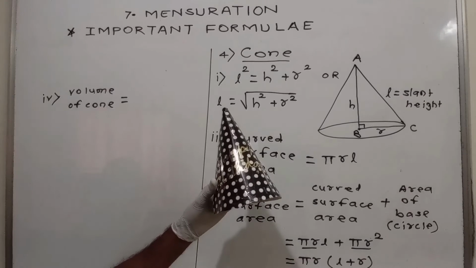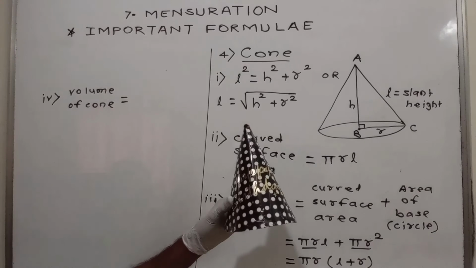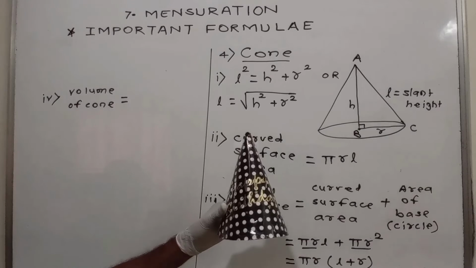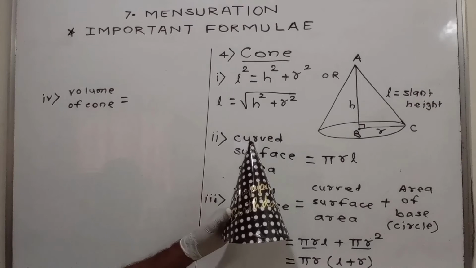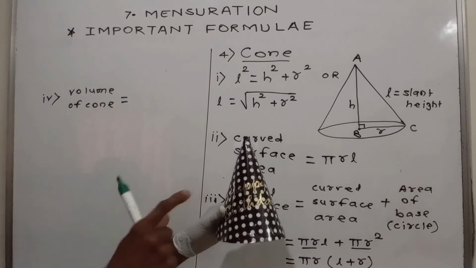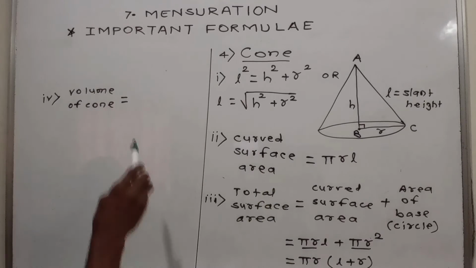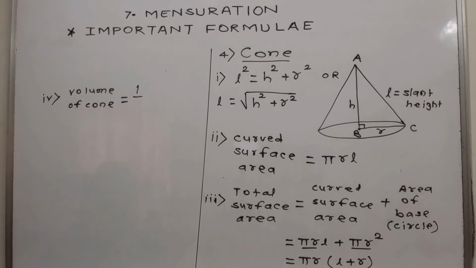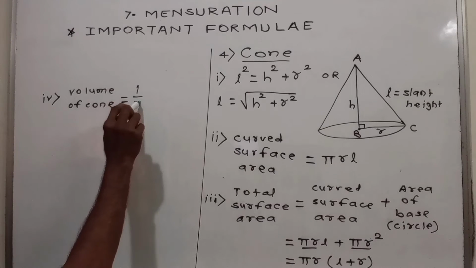Total 3 parts. Listen to me carefully. When we cut cone from cylinder, then this is 1 part, and shredded portion or part, that is 2 times. 1 plus 2, 3. Did you get it? Means from 3, see here, 1 part is cone, and 3 parts means that right circular cylinder.